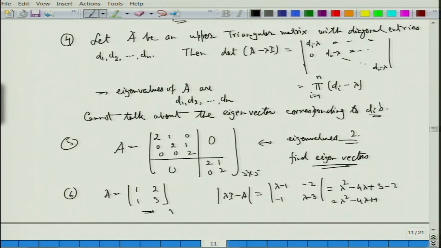So this will imply that the roots are 4 plus minus root of b square minus 4ac upon 2, which is 4 plus minus 2 root 3 upon 2, which is 2 plus minus root 3. So you have eigenvalues here. You can look at eigenvectors also, so compute the eigenvectors for yourself.